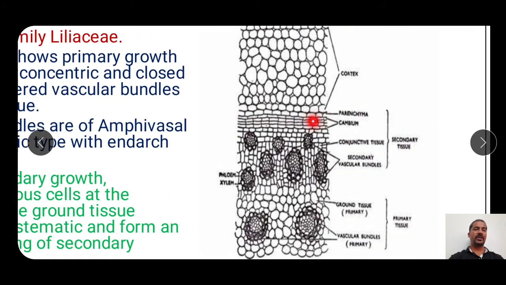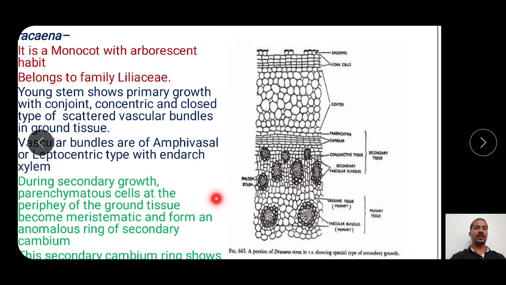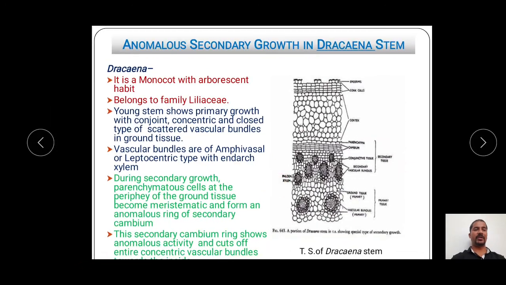This is a layer of cambium which produces these secondary vascular bundles, which are of concentric type. This cambium produces the secondary vascular bundles towards the inner side, and these are of concentric and amphivasal or leptocentric type.